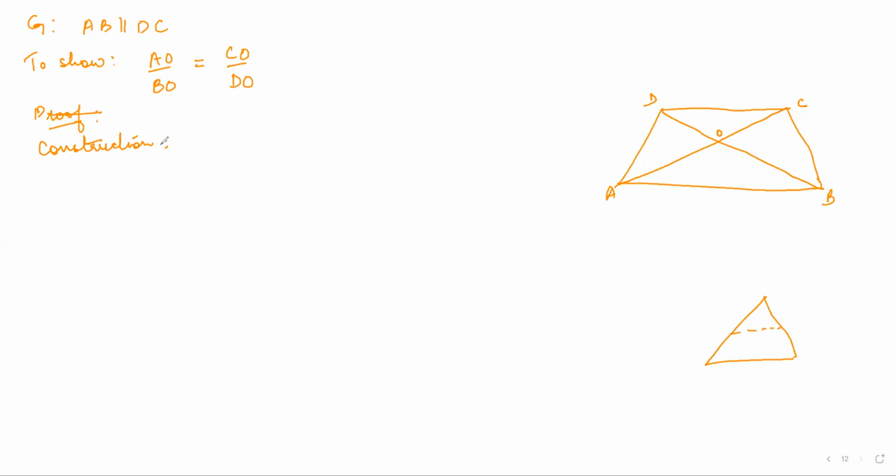So I'm drawing a line. For example, here I'm drawing a line. Let me call it E, A, B, C, D, E, right? So I'm drawing EO parallel to AB, sorry. That's my construction.